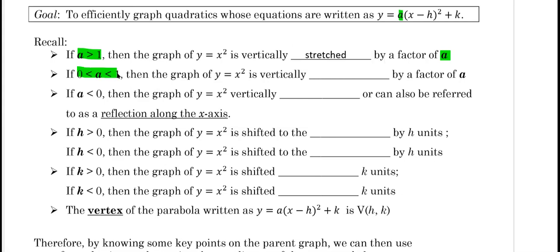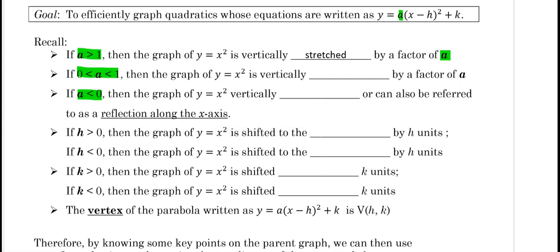And if the a value is between 0 and -1, it's not stretched, it's compressed. Very good. If the a value is less than 0, then the original or base parabola, parent parabola, is vertically reflected. Okay. So I'll show you the completed blanks in just a moment. Just wanted to get through some of the key items here.